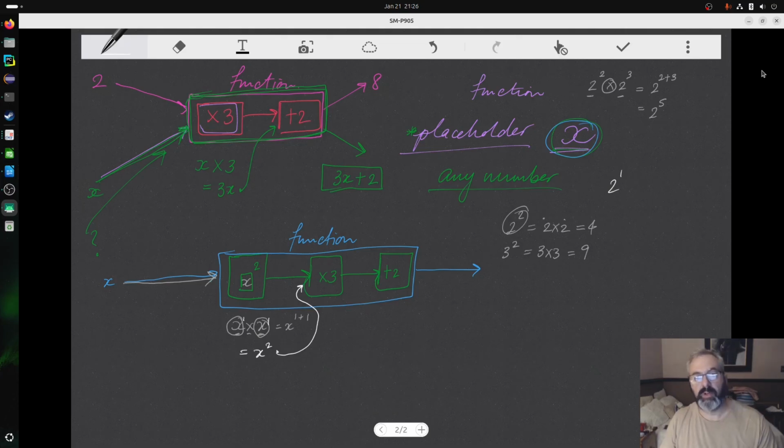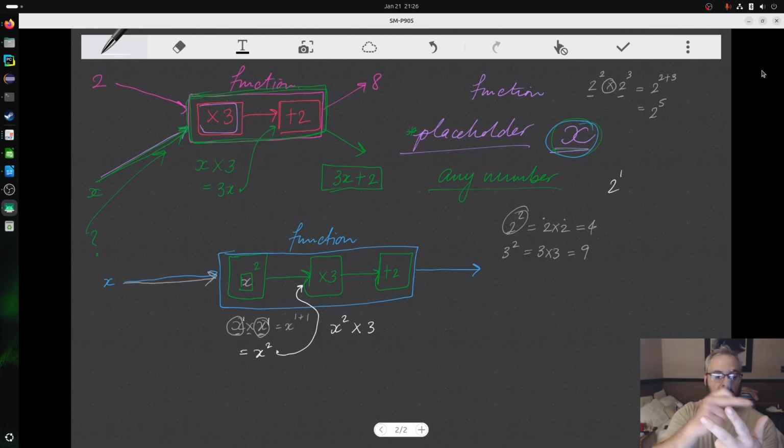Now have a look at what happens. In this block, we have x to the power of 2 multiplied by 3. The way we think about this is I've got 1 x to the power of 2, and I multiply by 3, then I must have 3 x to the power of 2's. Does it make sense?